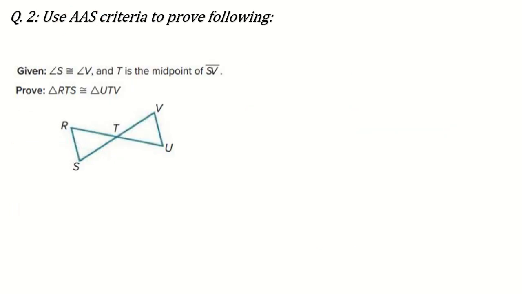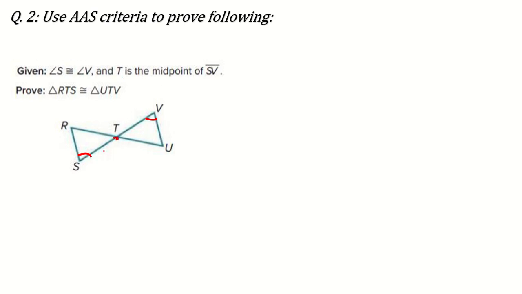Let's take some more questions of the same type. Here it is given angle S is congruent to angle V. So it means this angle is equal to one angle. Now T is the midpoint of SV.